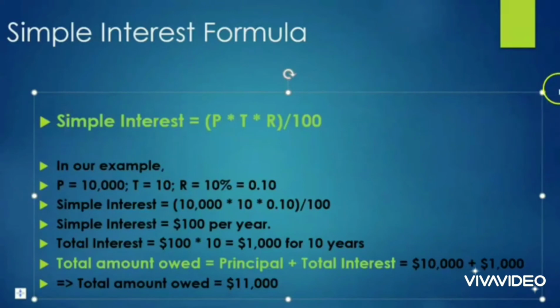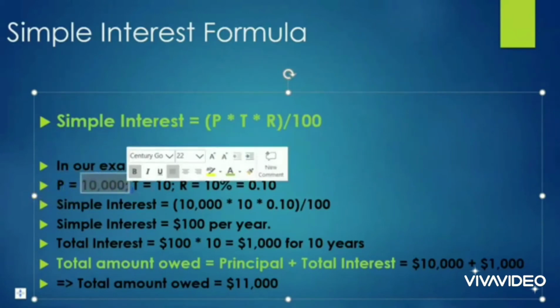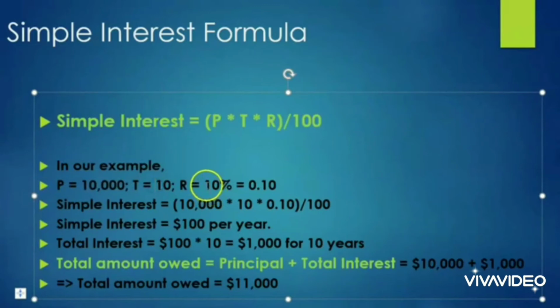In the example we have seen, it was $1 lakh, or you can take 1 lakh rupees also, the time was 10 years and the rate was 10%. So 10% is equal to 0.10, meaning 10 upon 100. Then for simple interest, put in the formula PRT upon 100.